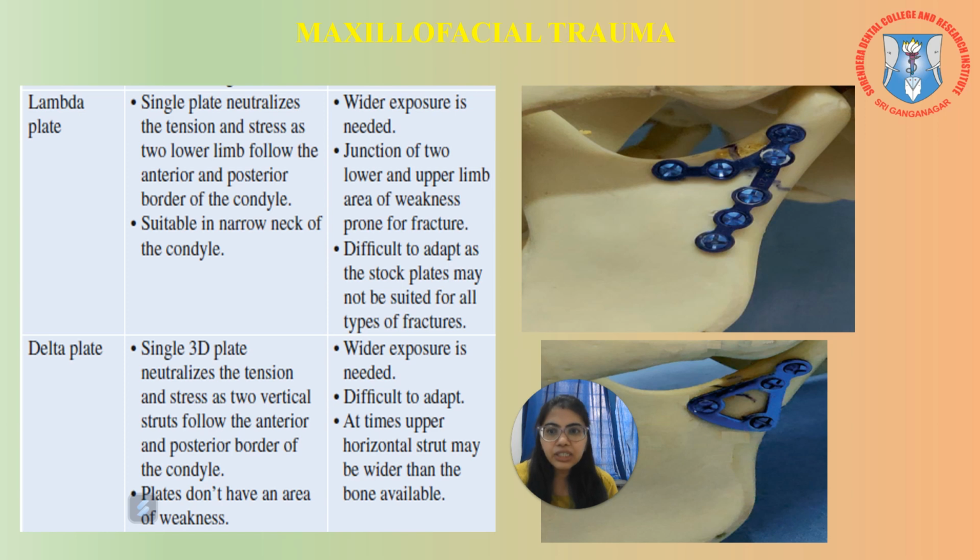In case of the delta plate, it is a single 3D plate which neutralizes the tension and stress as two vertical struts follow the anterior and posterior border of the condyle. Plates don't have an area of weakness. Their disadvantages are that it requires a wider exposure, is difficult to adapt, and at times the upper horizontal strut may be wider than the bone available.